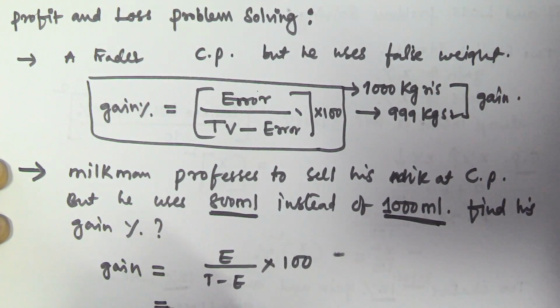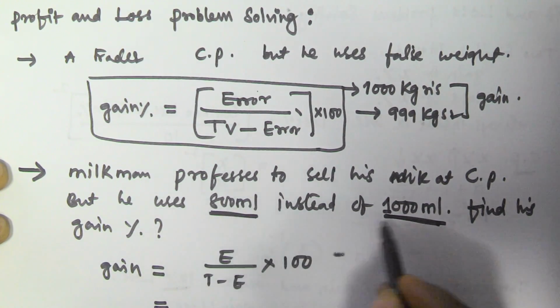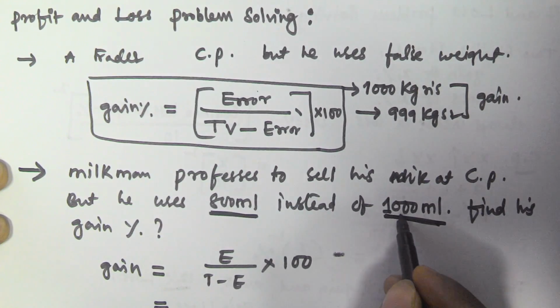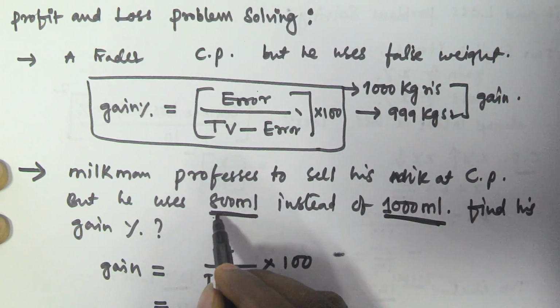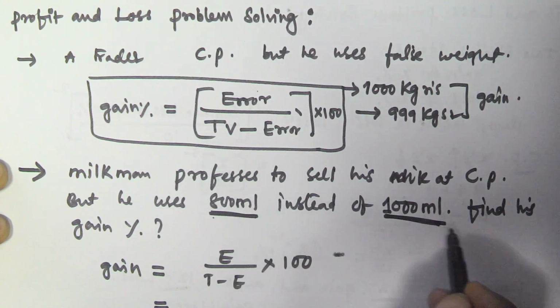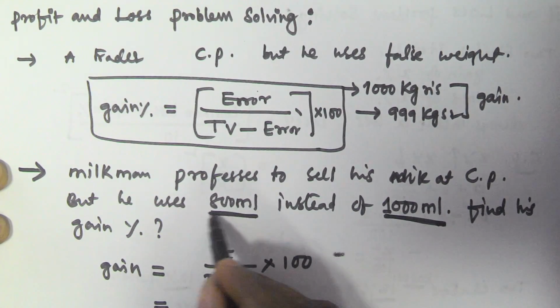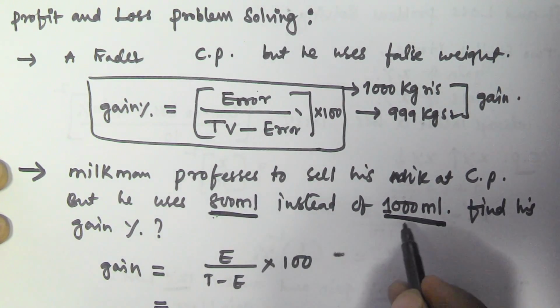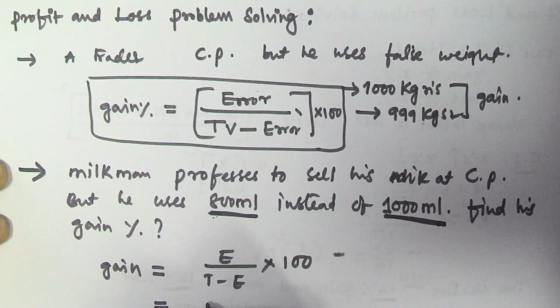Here the error is 1000 minus 800, so the error is 200 ml.